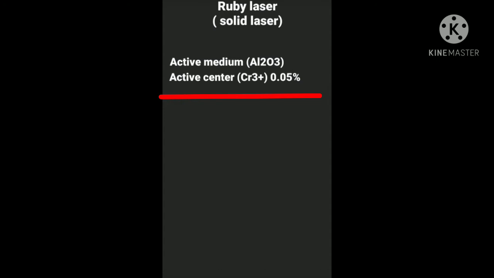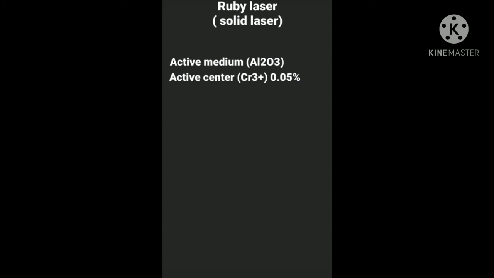Basically, some of the aluminium 3 positive ions get replaced by chromium 3 positive ions, and these ions are responsible for the red color of the ruby crystal. I've already explained this in previous lectures. So today we'll only talk about the composition of the ruby laser.